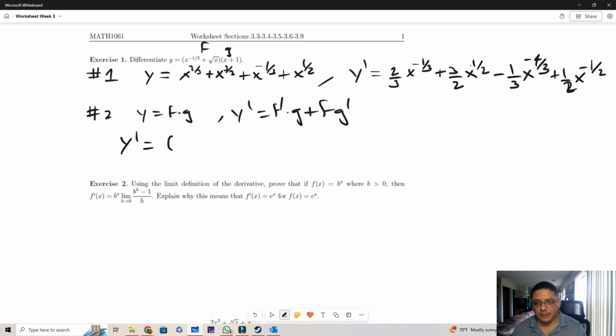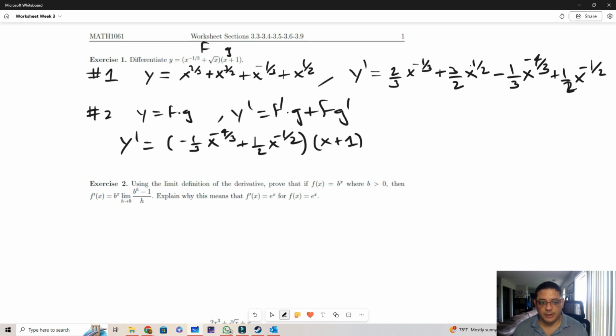F prime is going to be minus 1/3 x to the minus 4/3, this is the derivative of x to the minus 1/3, and plus 1/2 x to the minus 1/2, and that's just the derivative of f, and then we multiply by g, which is x plus 1.